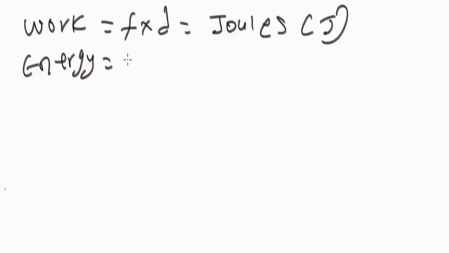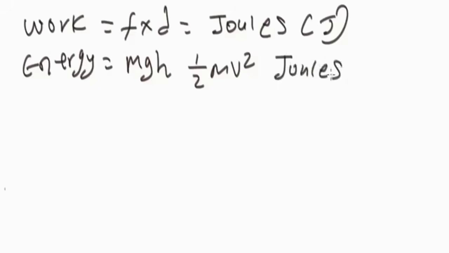You can calculate energy using mgh. You can also calculate using half mv square, depending on the type of energy you are dealing with, and its unit is also joules. Energy is also measured in joules. You can also calculate energy using force times distance, depending on the situation you have.